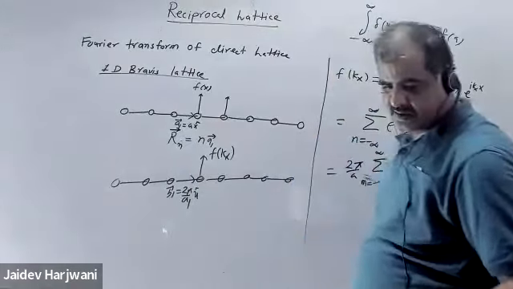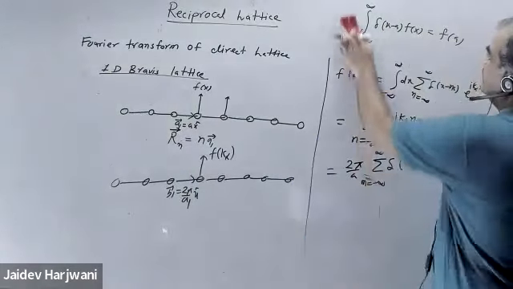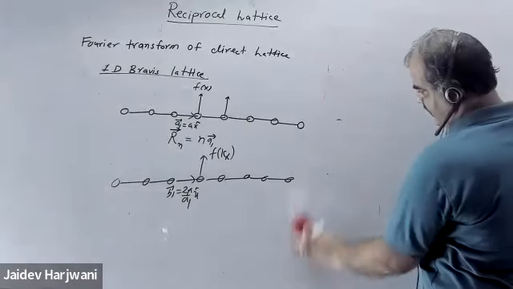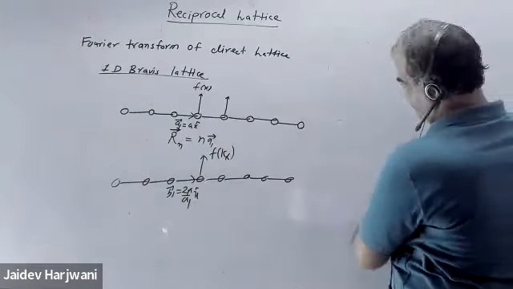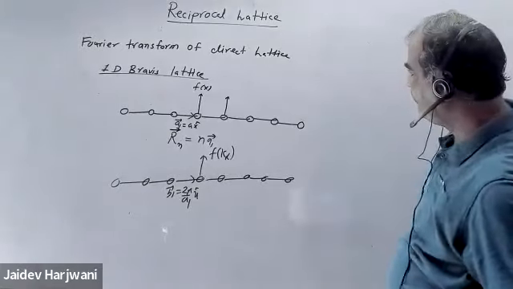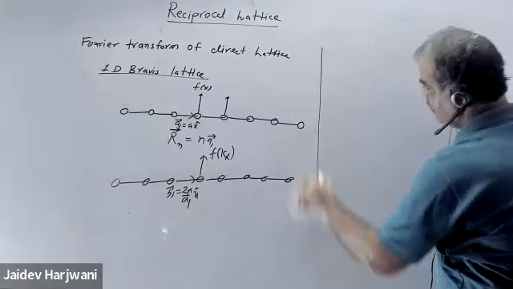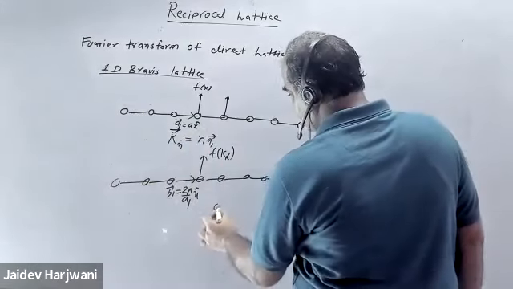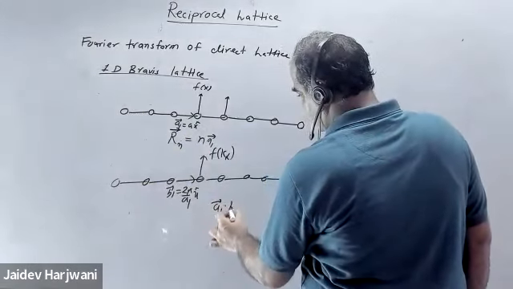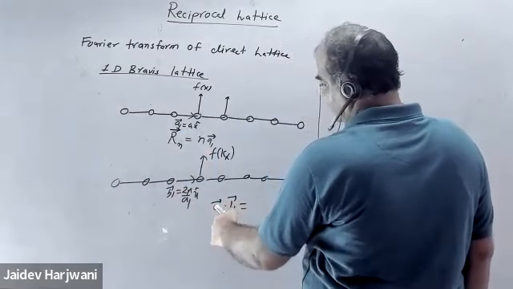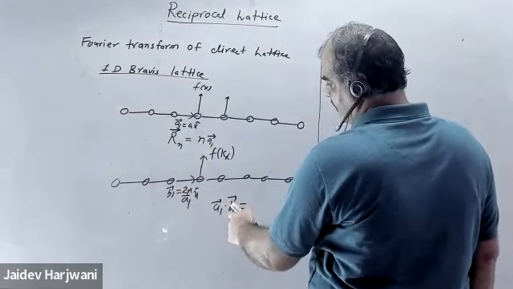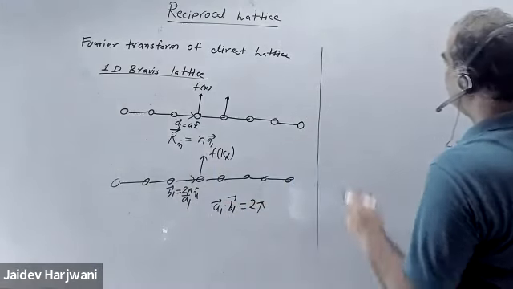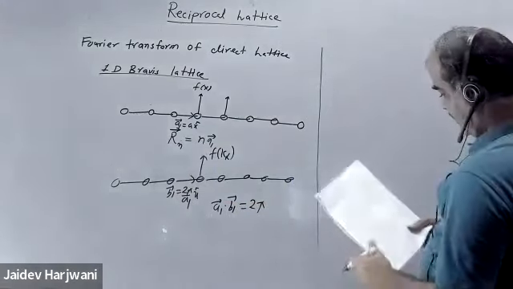Now similarly I can do the same thing for a 2D lattice. Explaining in 2D, I will then give the definition of the reciprocal lattice. Here, if you take a1 and b1, the direct lattice vector and the reciprocal lattice vector, this will give you 2 pi. Now let me do the same in a 2D lattice.